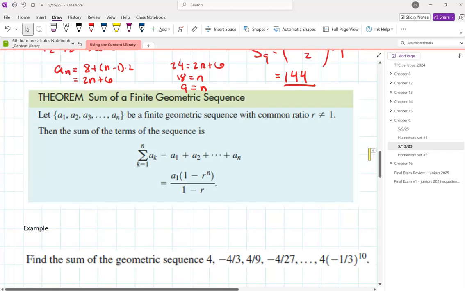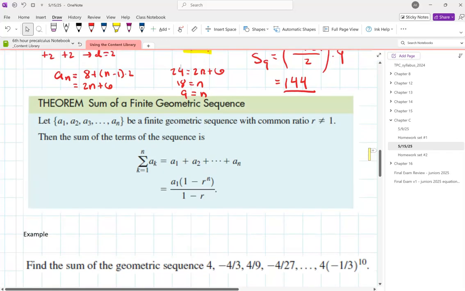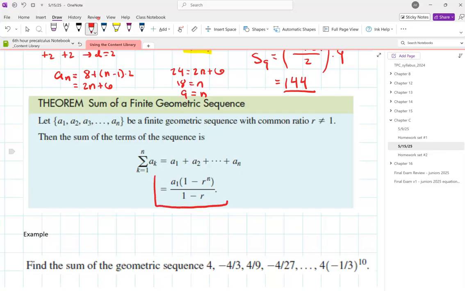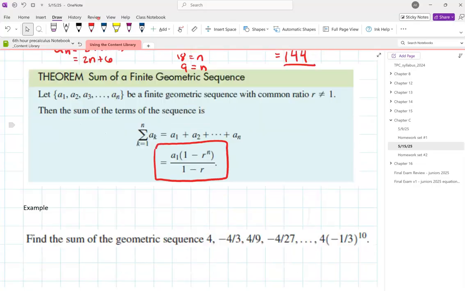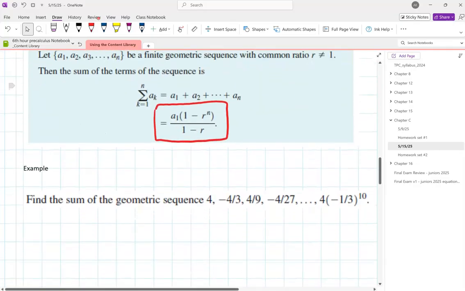Similarly, if we have a geometric sequence, we can find the finite sum by using this formula: the first term times 1 minus r to the n, divided by 1 minus r. Okay, example time.